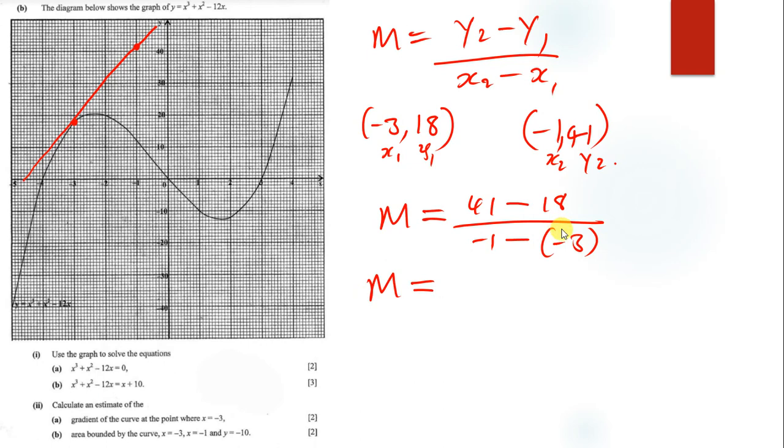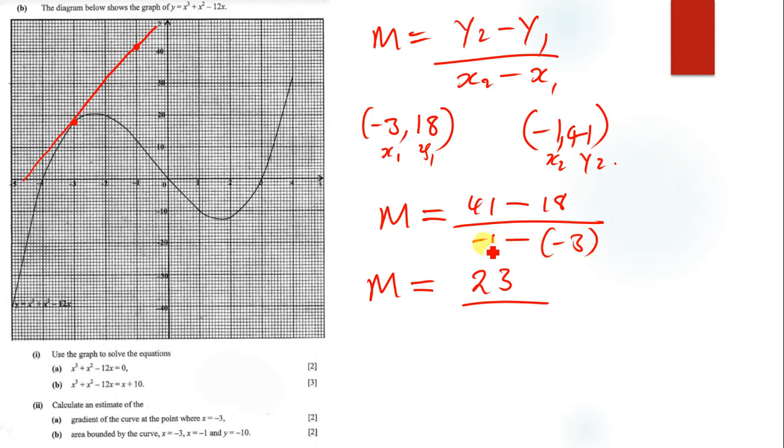So now you have to subtract to get the solution. Let us do the subtraction. So we have 41 minus 18, and that gives you 23. So you write your 23 there, and then you also have to subtract the bottom part.